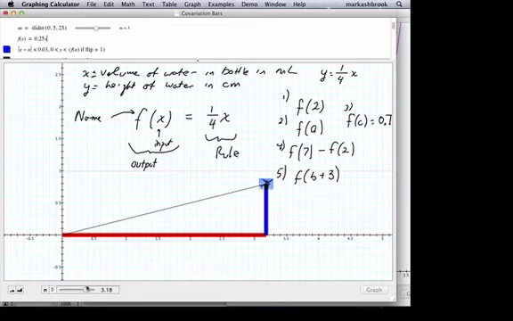The height of the water, the volume equals F of 7.